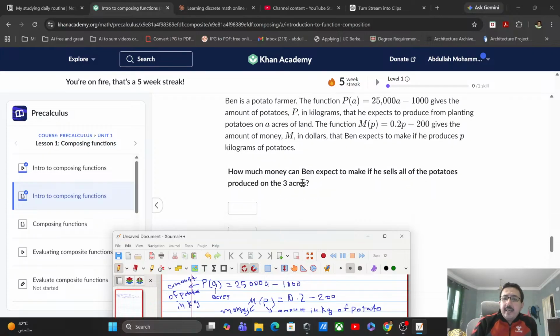How much money can Ben expect to make if he sells all of the potatoes produced on the 3 acres?